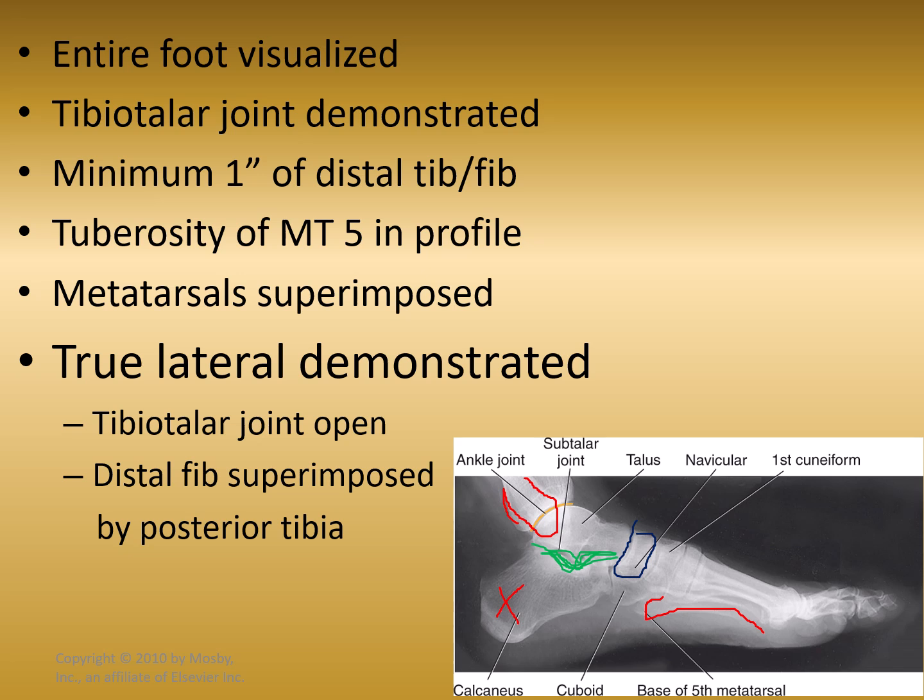If the fibula is superimposed over the anterior part of the tibia, then we have a rotational issue because the fibula is supposed to be superimposed over the posterior part of the tibia. So those are ways that we would be able to recognize and identify a rotational error that needed to be fixed.